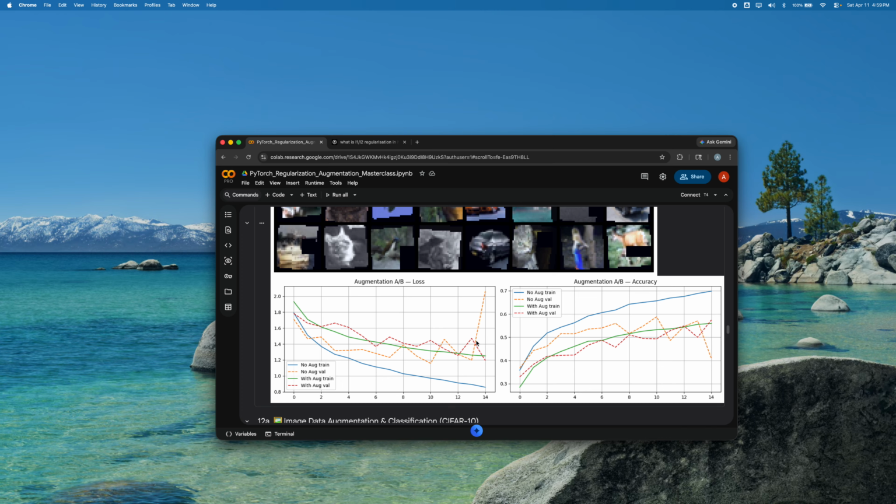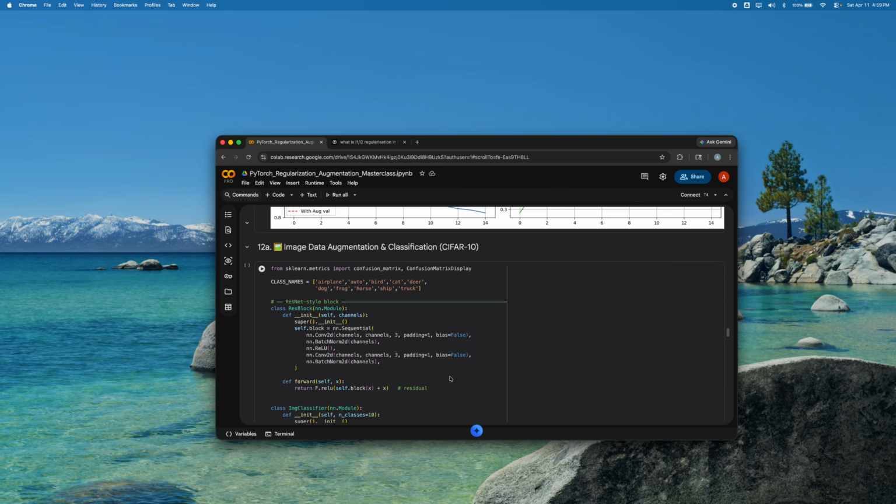Without augmentation, you can see the validation score is going down even though the train loss is going down, but the validation loss is increasing. We don't want our model to do that. Here you can see the green and the red line, they are working together. That means the augmentation really helped in the training.